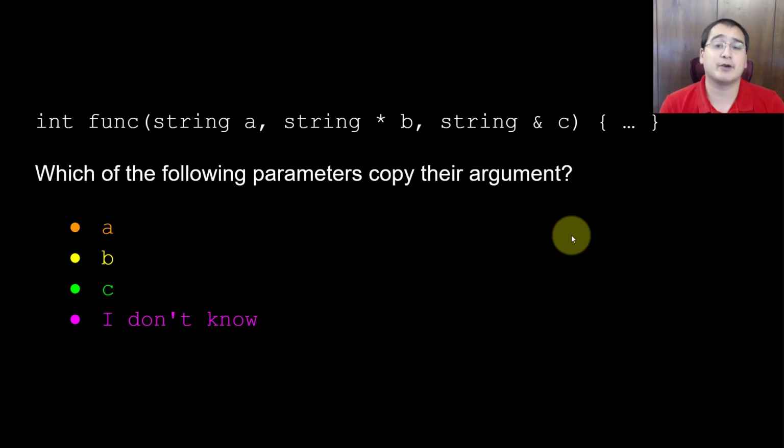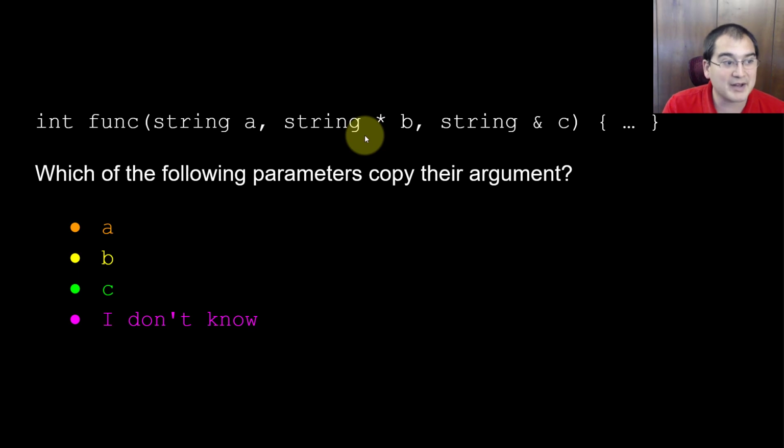All right, what about the second one? Here we have a pointer to a string. Okay, well, what's getting copied here? Well, in order for me to call this function, if I need to give it a pointer, I'm giving it basically an address. And now technically, if you wanted to be confusing, that address, the pointer itself, is copied. You're copying that address. What you're not copying is the thing being pointed at. So often, pointers are very small.